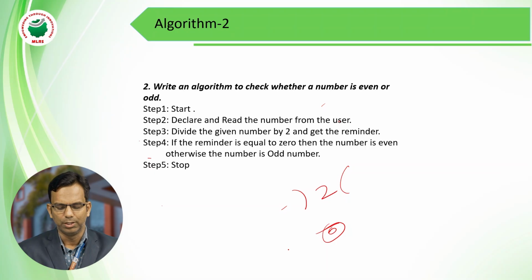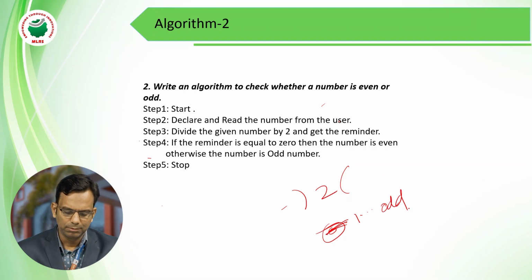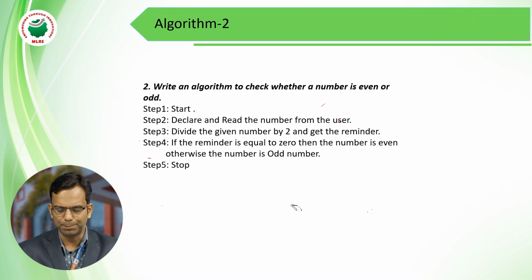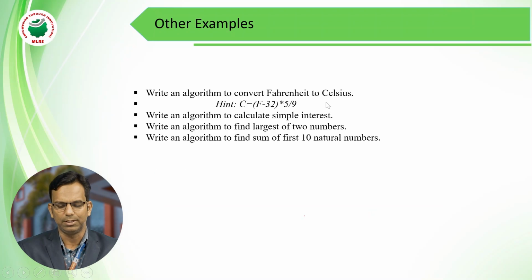That is step 4. If the remainder is 0, print even number. If the remainder is not 0, if any other number comes, then we have to print odd number. And the final step is stop. This was the start and stop of algorithm 2, an example of the algorithmic approach to find even and odd numbers.